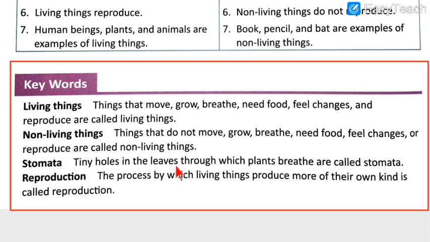Tiny holes in the leaves through which plants breathe are called stomata. Please write it down, students. I hope you are following the instructions. I'll read it again. Tiny holes in the leaves through which plants breathe are called stomata.